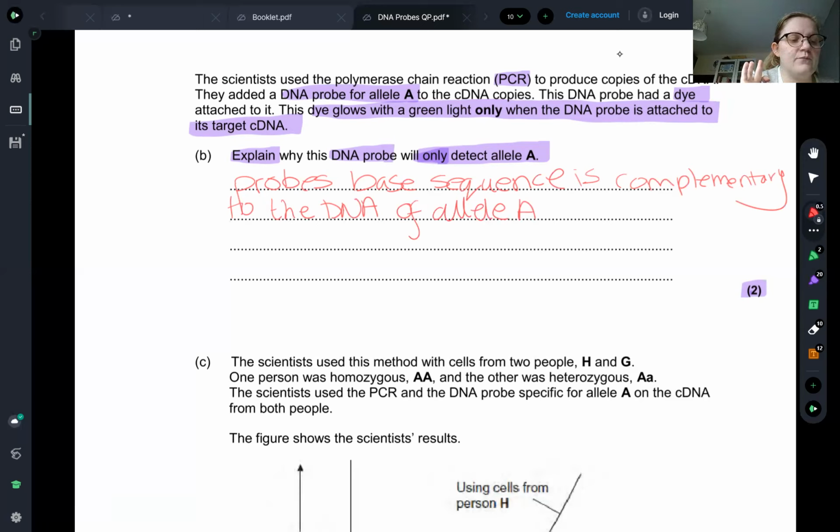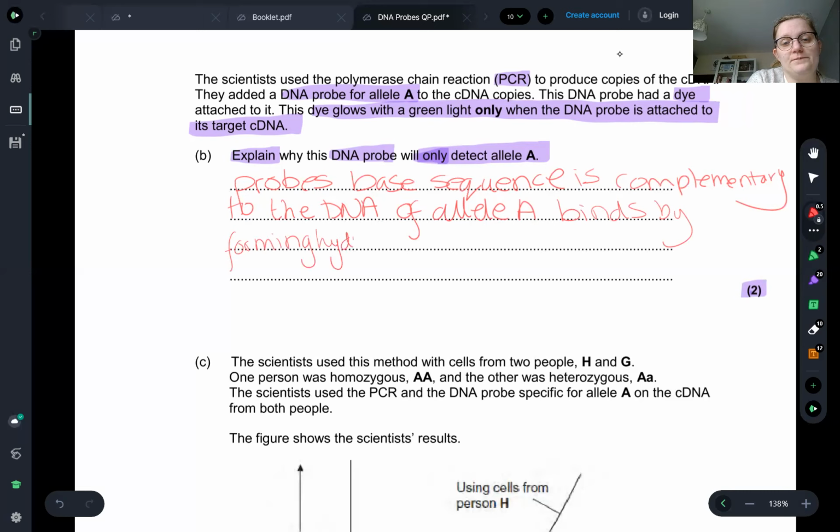So the probe's base sequence is complementary to the DNA of allele A, and as we know, because they're complementary, they'll bind together by forming hydrogen bonds. That will get you the first part of the mark.